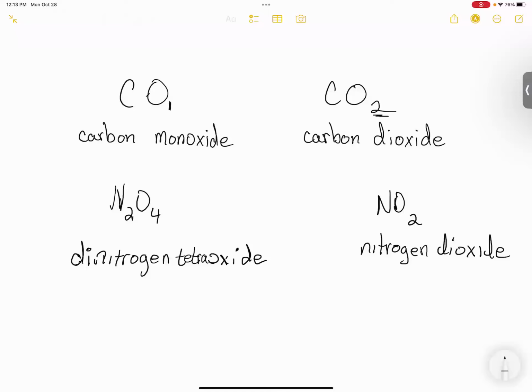Because it's in group 15, and group 15 tends to carry a -3 charge, so you want 3 hydrogens to go with it. Group 16, it's going to be 2. And group 17, it's going to be 1 hydrogen.